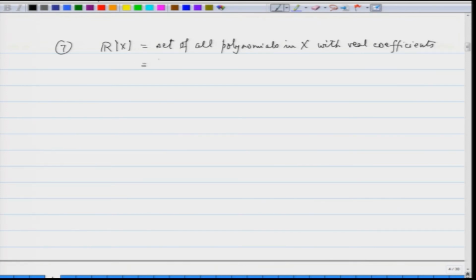So, any element here looks like a0 plus a1x plus up to an x to the power n, and ai belongs to R, for 0 less than or equal to i less than or equal to n, fine. Note, there is no restriction on n, no restriction on the power.